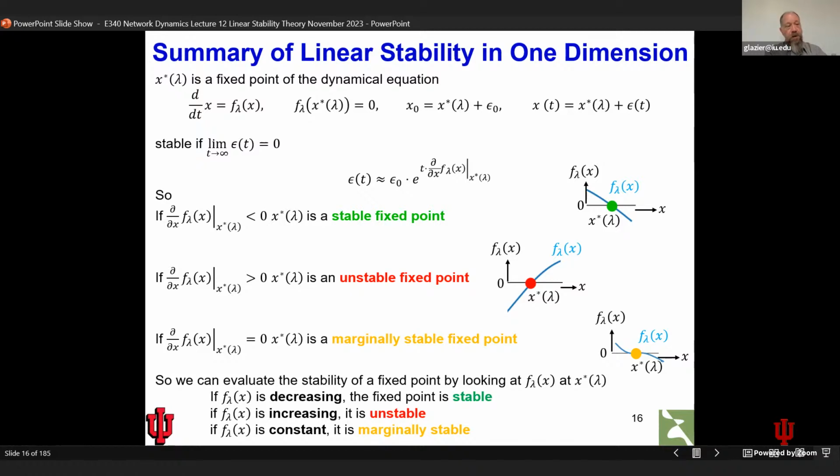So if we plot f of x versus x, we can immediately read off the values of the fixed points wherever it crosses the 0 line, and the stability. So we don't really have to do any math. We just do the plot and look at it.